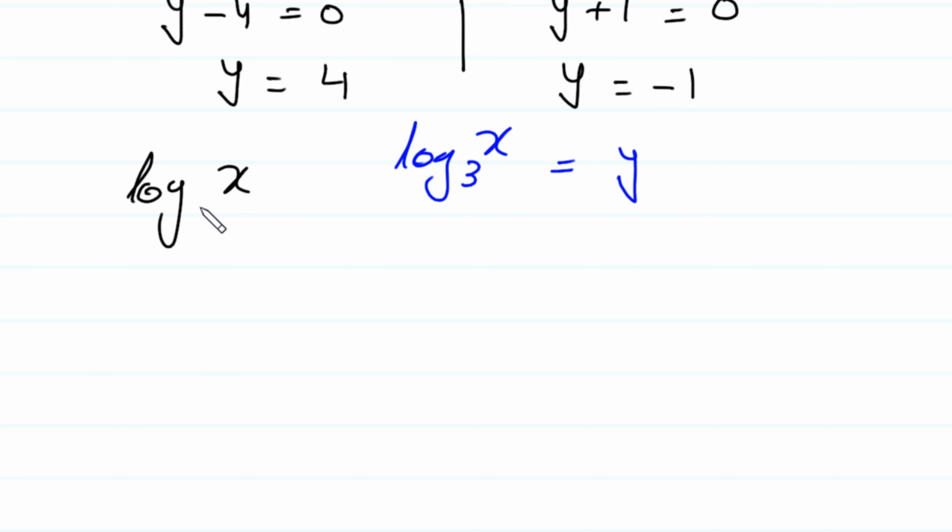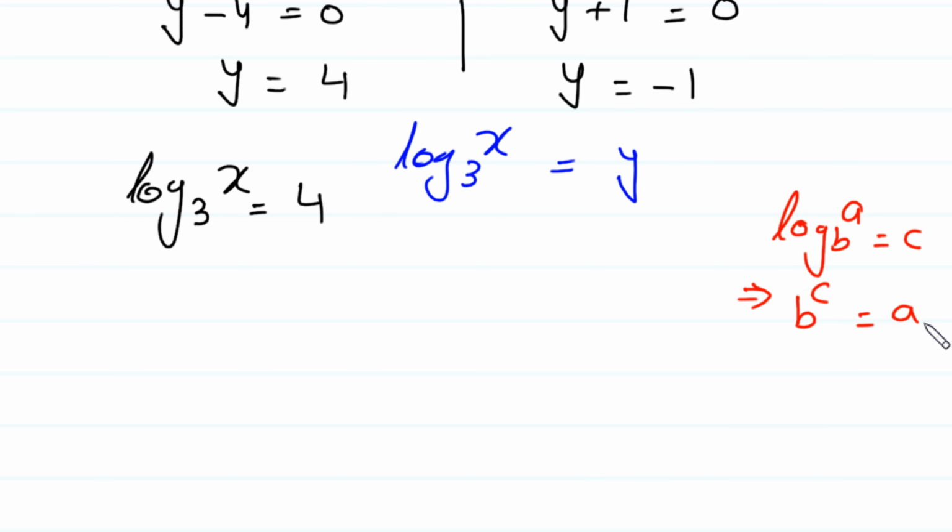Log of x to the base 3 is equal to 4. And there is a law of logarithms that log of a to the base b is equal to c. This implies b to the power c is equal to a.